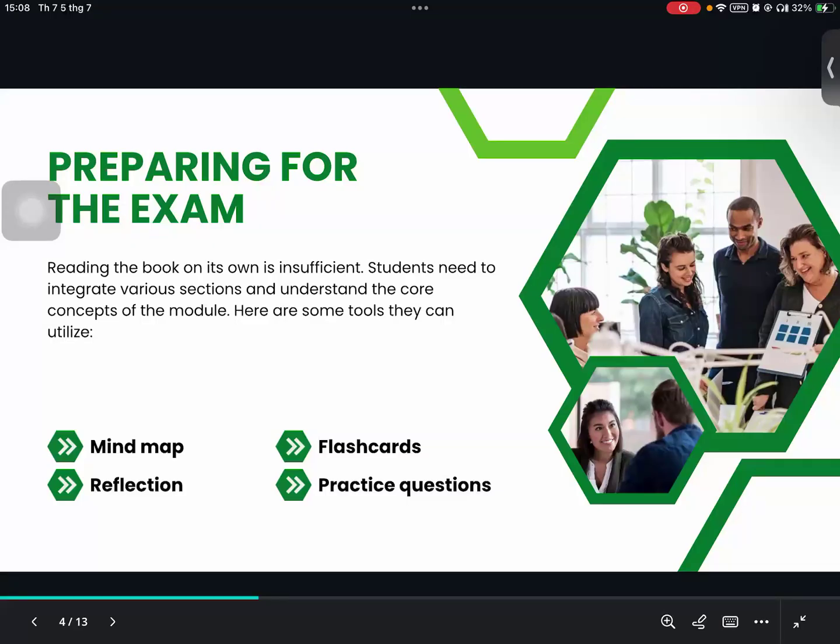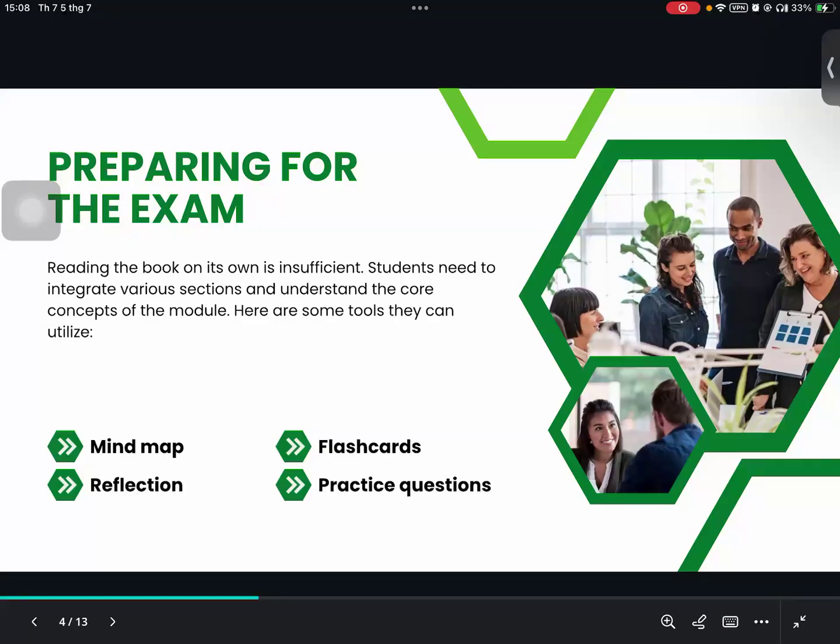And here I offer you four tools. First, we have the mind map. Second, we have the flashcard. Third, reflection, and fourth, the practice questions. These four tools, especially when you lack the time for the exam, will be even more helpful, because the less time you have, the more proactive you need to be.